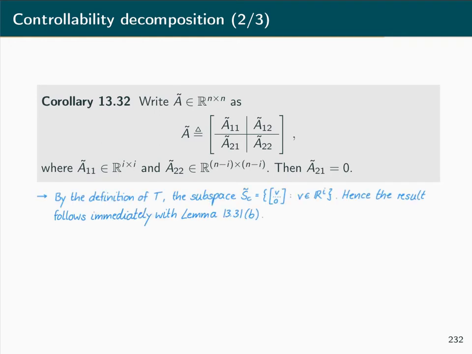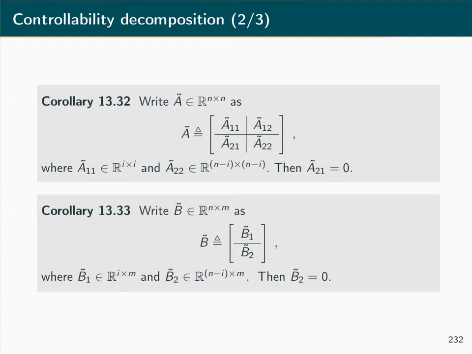This can easily be seen because by the definition of T, which is a change of basis, the subspace SC tilde looks like this, meaning that it consists of vectors of this type, where only the first i entries take on some non-zero values, and the remaining n minus i entries are all zero. Hence, the result follows immediately with the use of Lemma 13.31b.